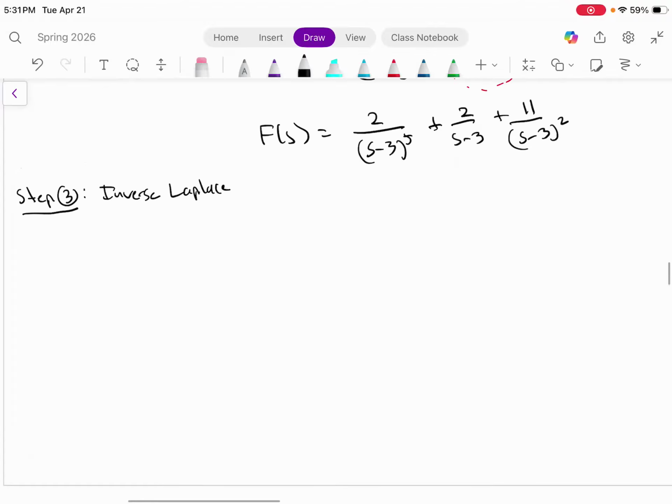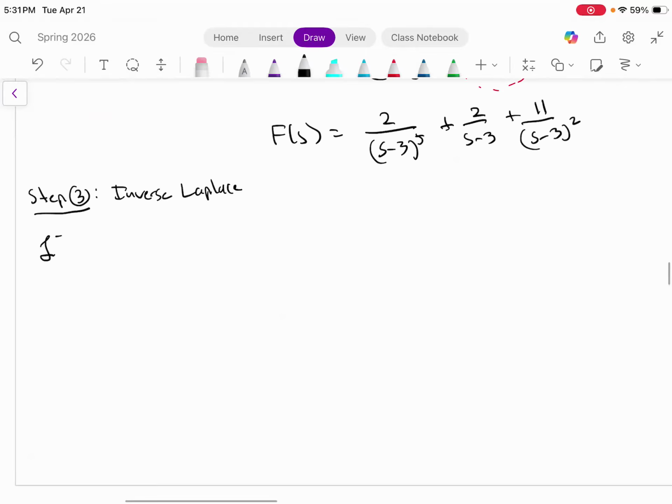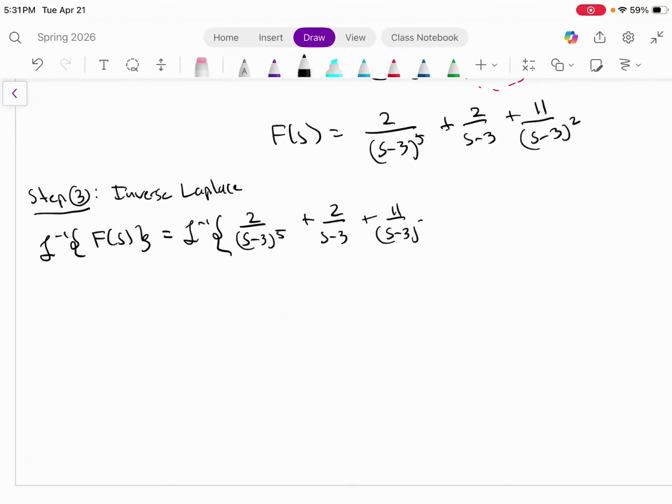So the inverse Laplace of F of s is the inverse Laplace of these three terms. And by definition, the inverse Laplace of F of s is just going to be y.